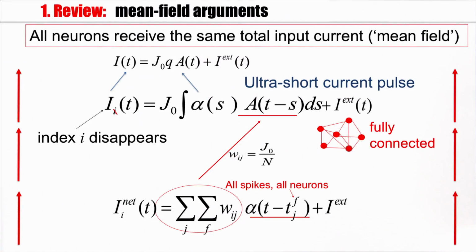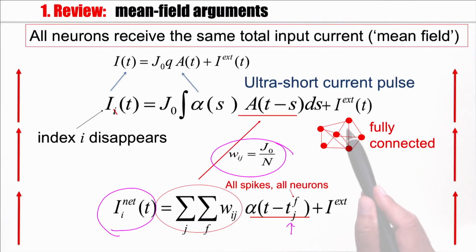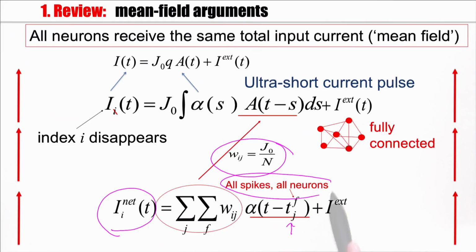And here's a summary slide of the argument. If you look at the input to neuron i, and if we say that each spike contributes some synaptic current, we sum up, and since the interactions are all identical, so each connection has the same weight, then this sum over all spikes, all neurons, just gives the population activity.